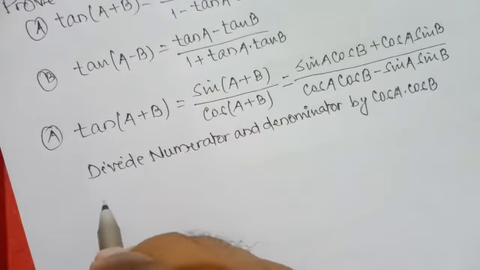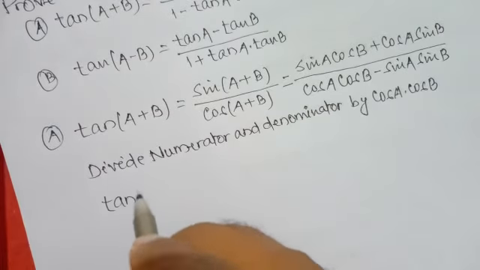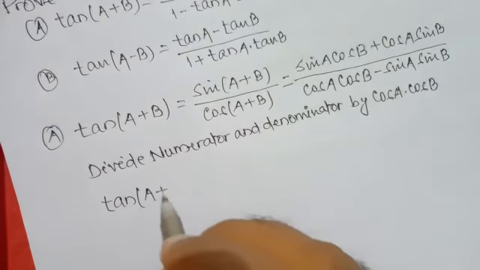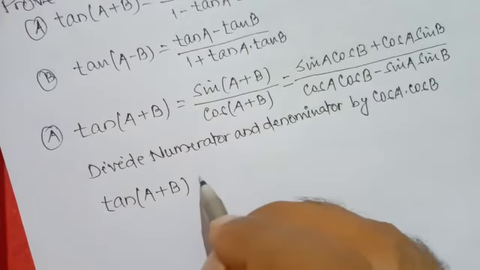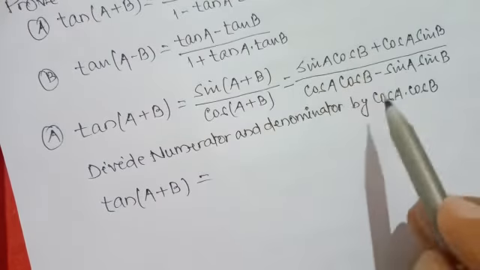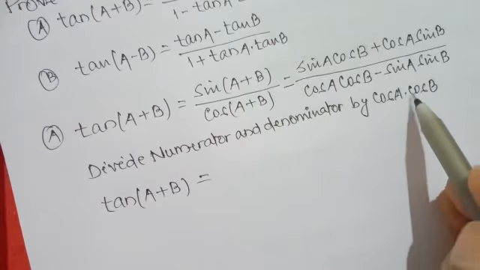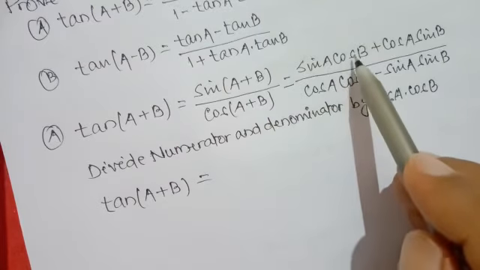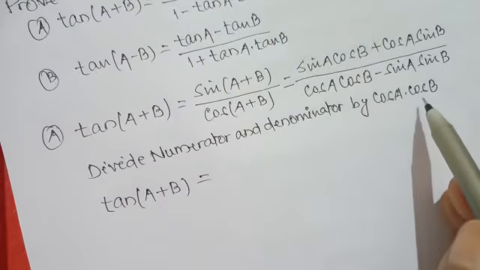Then tan(A + B) reduces to sin A cos B when divided by cos A cos B. So cos B and cos B are cancelled.